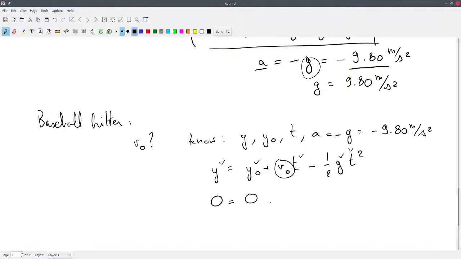It started at 0 plus v0 times 5.0 seconds minus 1/2 times 9.80 meters per second squared times 5.0 seconds squared. So we can solve this for v0.